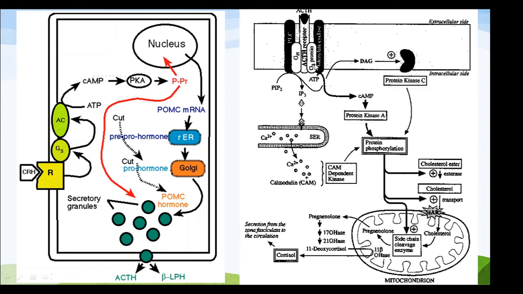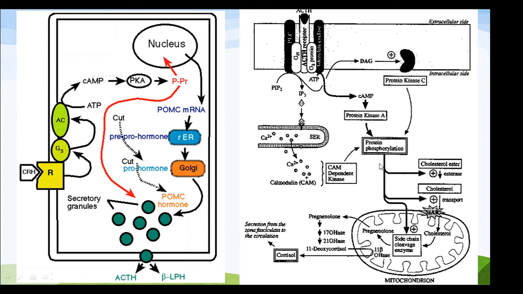In this figure you can again see the ACTH receptor. ACTH goes and binds to the ACTH receptor, which is again a G protein coupled receptor, but it has both the PKC pathway and the PKA pathway. In the PKA pathway, adenyl cyclase converts ATP to cyclic AMP. Cyclic AMP activates protein kinase A, which causes several protein phosphorylations.